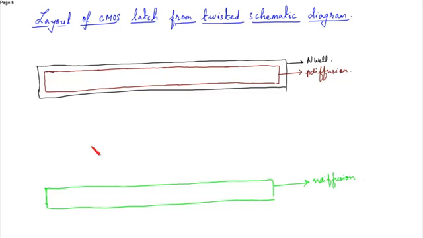So first you have to draw the gates so that you can distinguish which part is the transmission gate part and which is the inverter part.